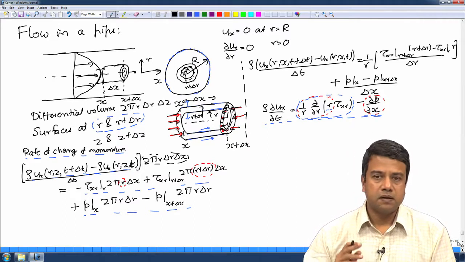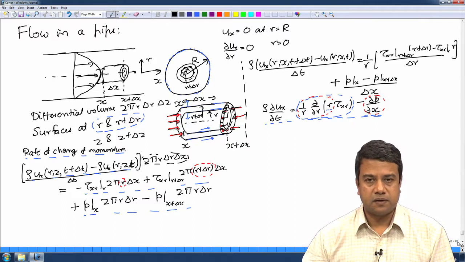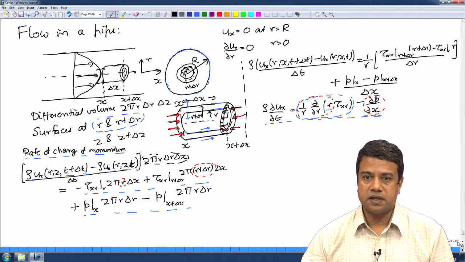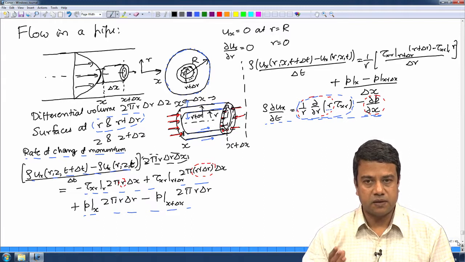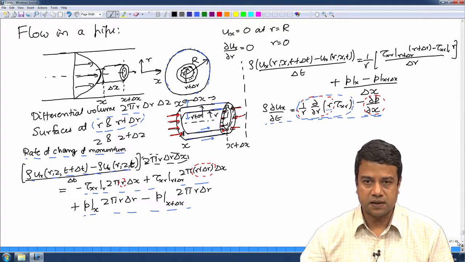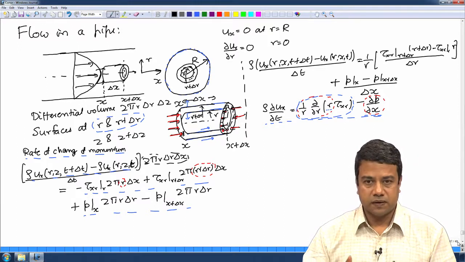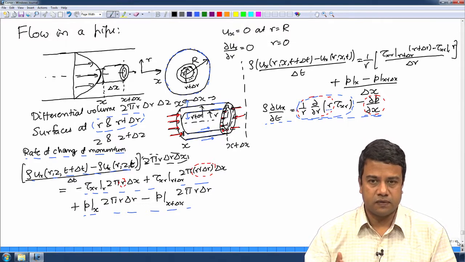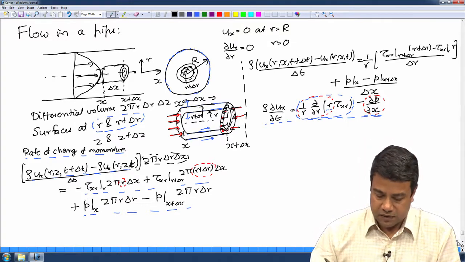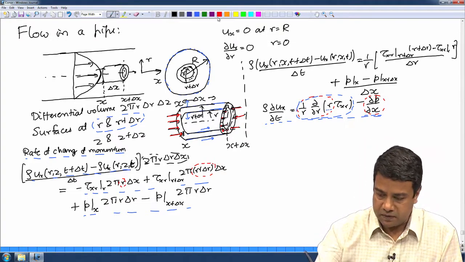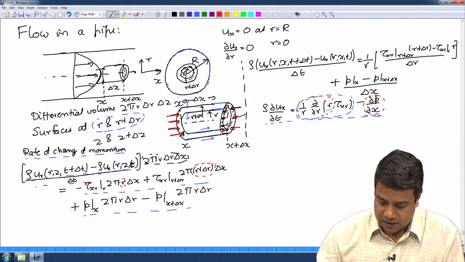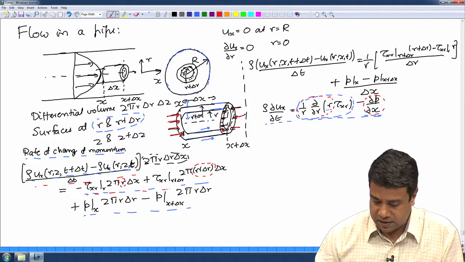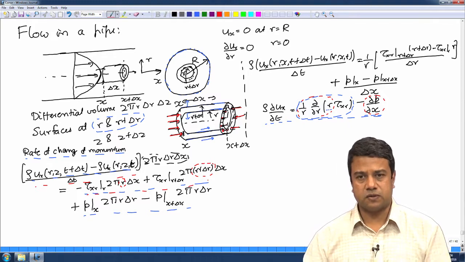For any direction perpendicular to the flow, the velocity is equal to 0, because the velocity is only in the x direction. So, the velocities are all 0, and the shear stresses are all 0 because the velocity is 0.